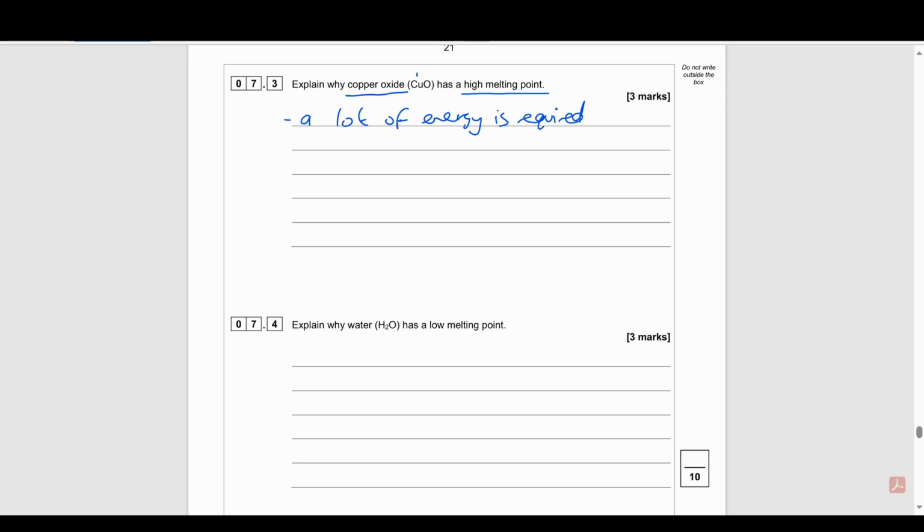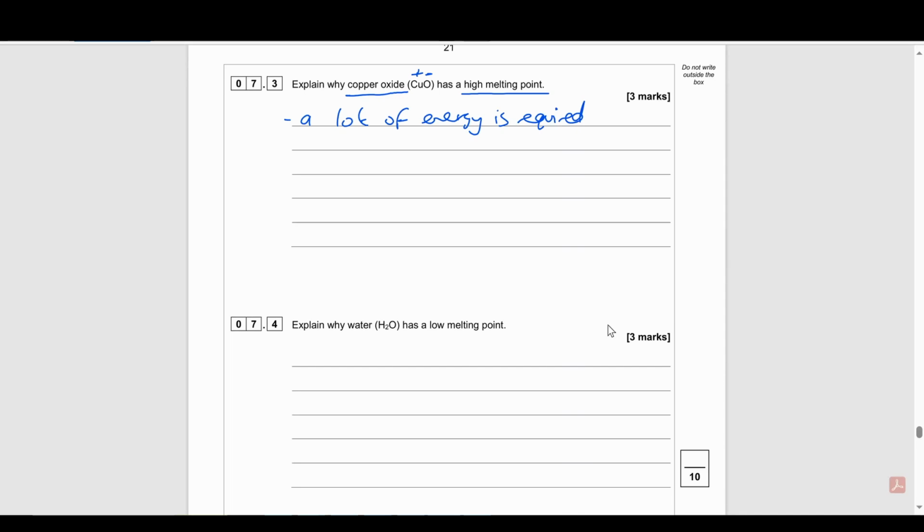Copper oxide is an ionic compound. Copper has a positive charge because it's a metal. Oxygen has a negative charge because it's a non-metal. So the ionic bonding is through an electrostatic force of attraction. If you want to separate an ionic compound, which is what would happen when it's melting, you would need to overcome those forces of attraction.